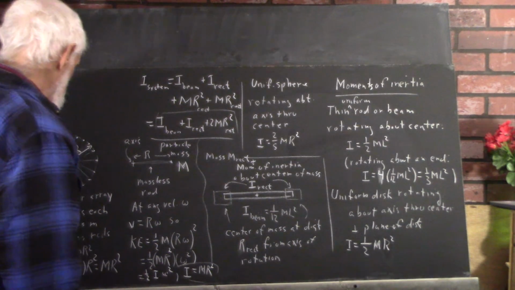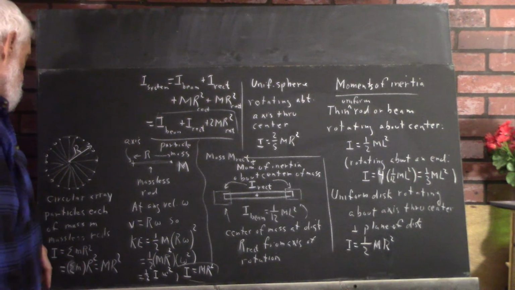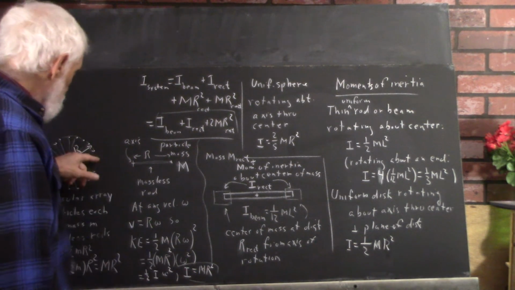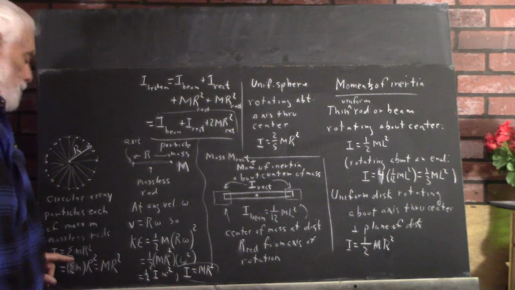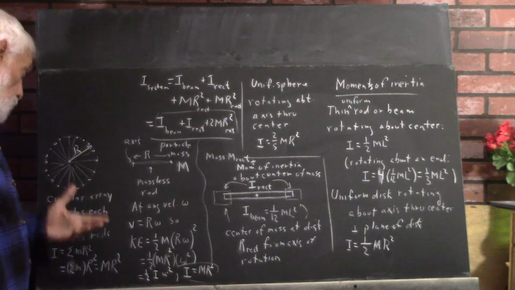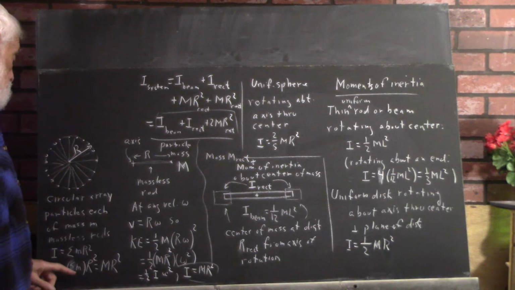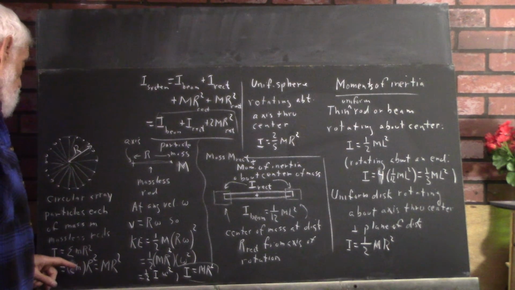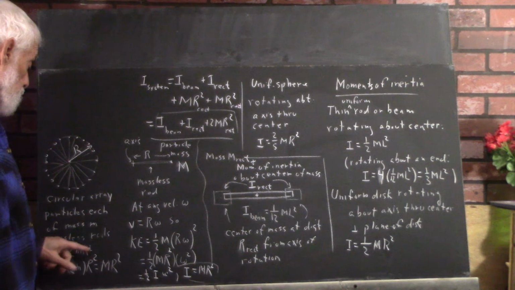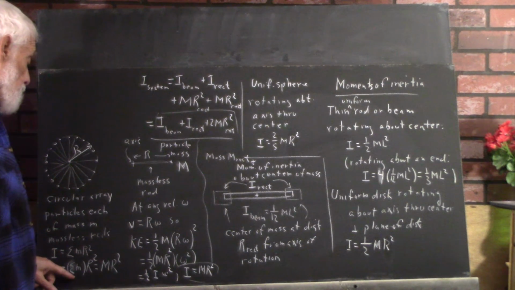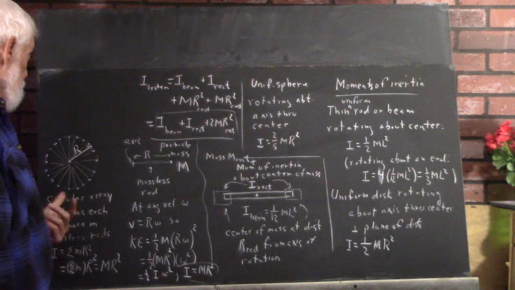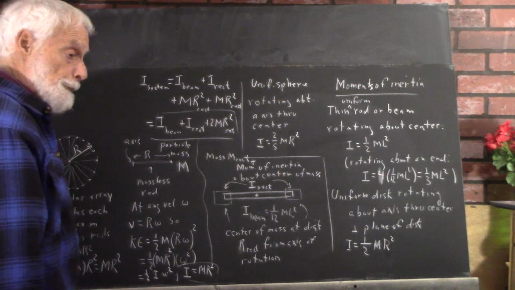So, from this, you see that each of these masses has moment of inertia little m r squared, so that r being constant, you can pull that out of the expression, and you have the sum of the m times r squared, which is big M r squared, where big M is the total mass. Okay?